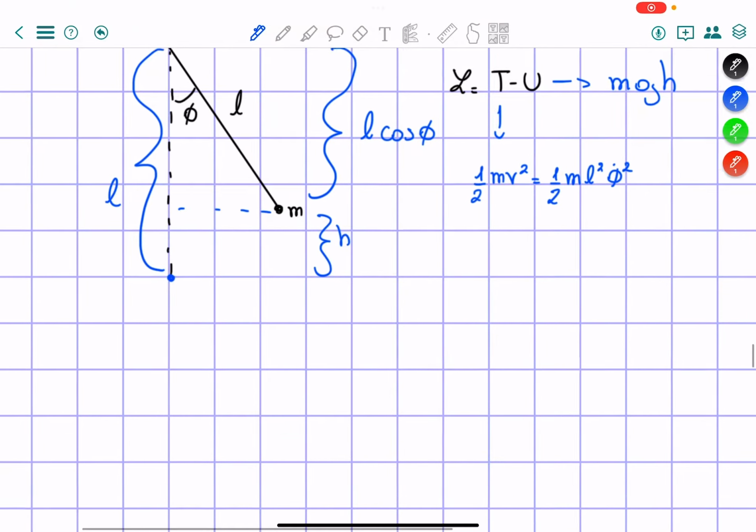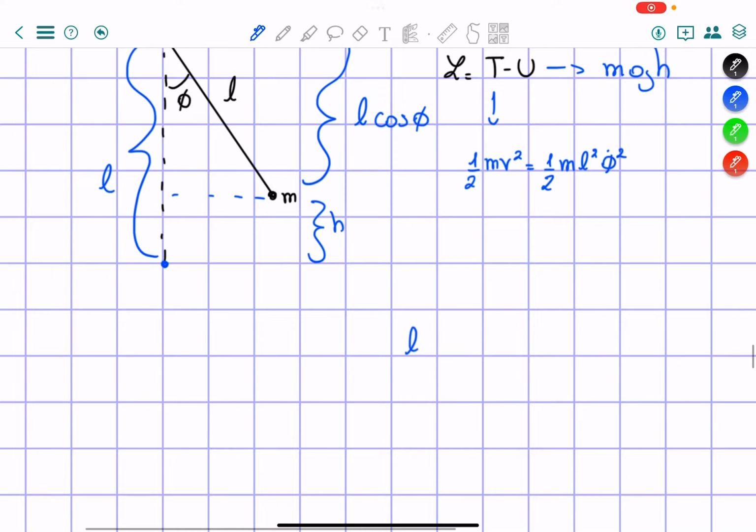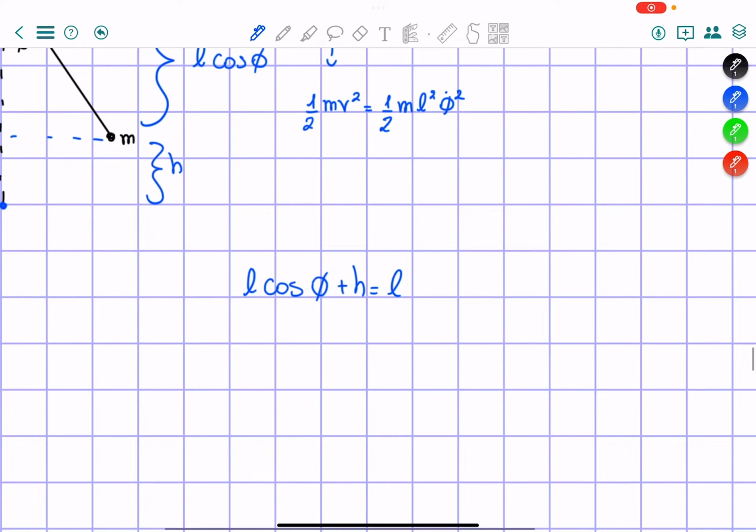As you can see, L cosine of phi plus h is equal to L. Okay, so that means that h is equal to L minus L cosine of phi, and therefore it's equal to L times 1 minus cosine of phi.